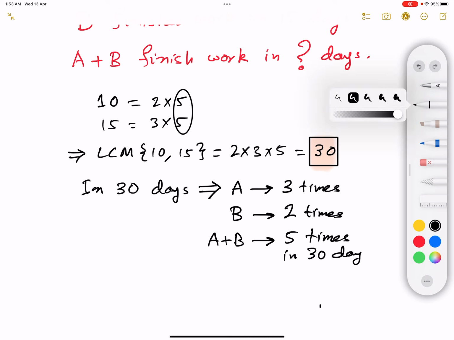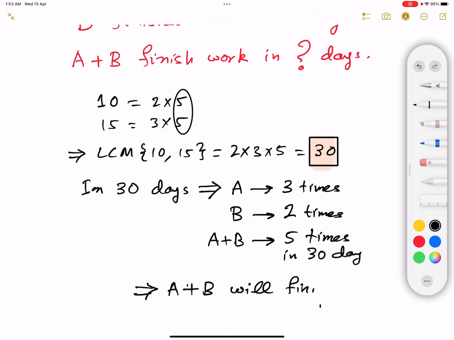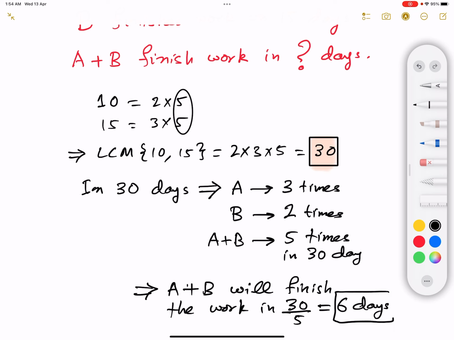A and B will finish the work in 30 divided by 5, which is equal to 6 days. And that's basically the answer to this problem.